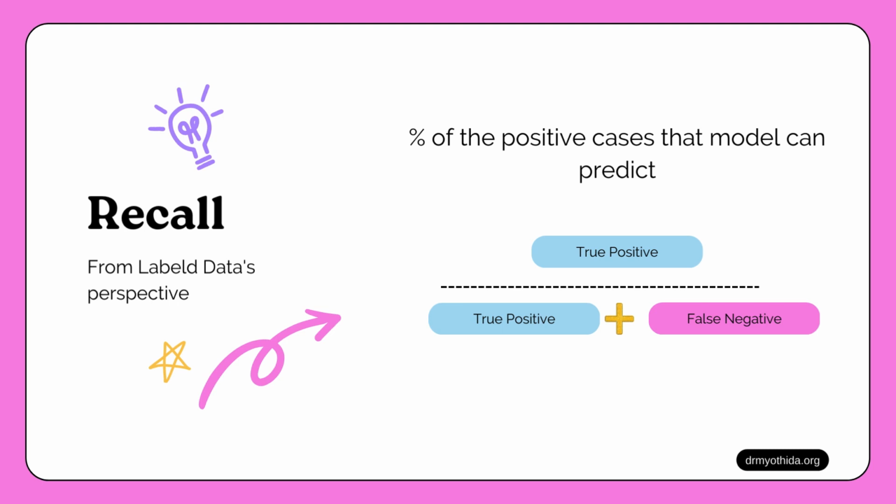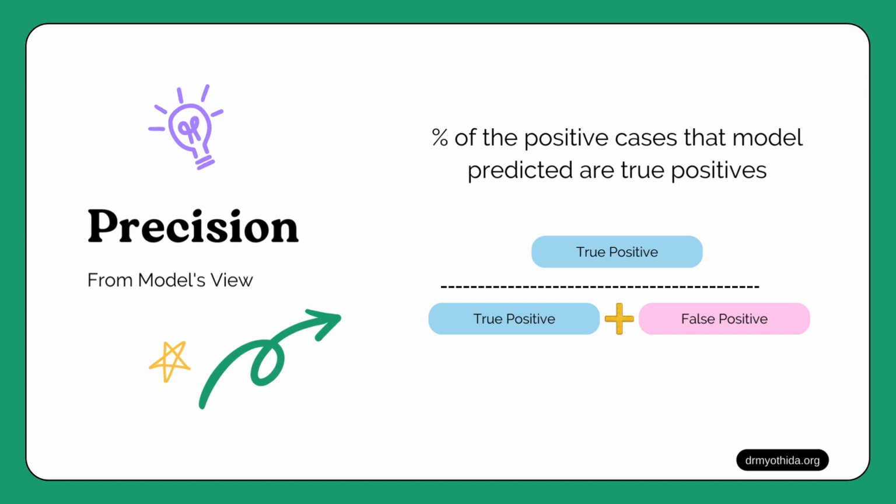Both precision and recall: if you have a higher recall, that means you have a lower false negative. If you have a higher precision, you have a lower false positive. So increasing the precision is reducing the false positive.